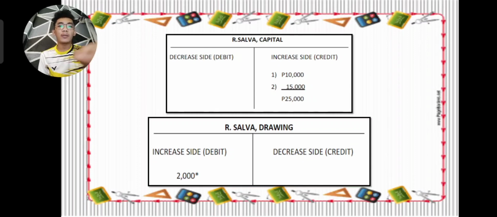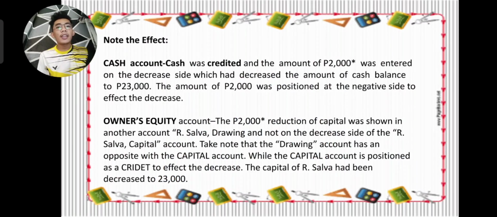into another box, where the 2,000 is placed in R. Salva drawing, which is on the increase side of debit. That's it. Then here is the note. Note the effect. Cash account: cash was credited in the amount of 2,000, entered on the decrease side, which decreased the cash balance to 23,000.